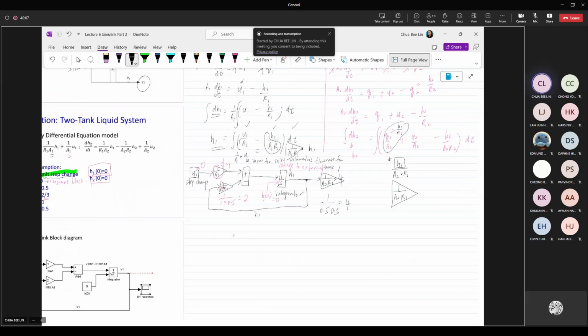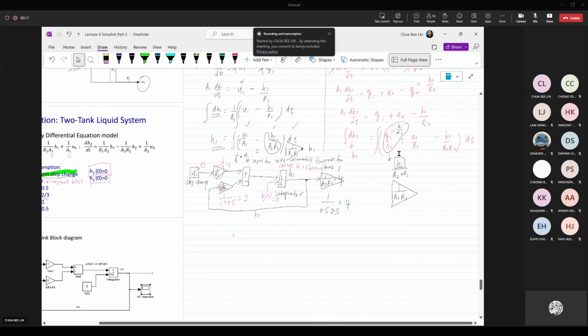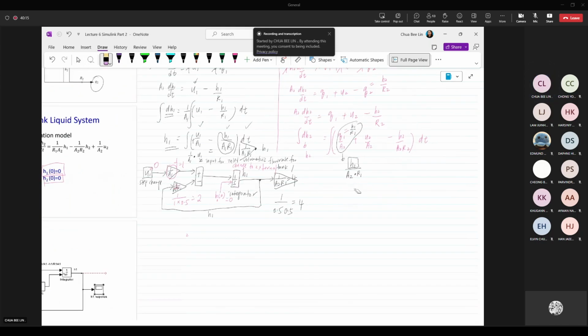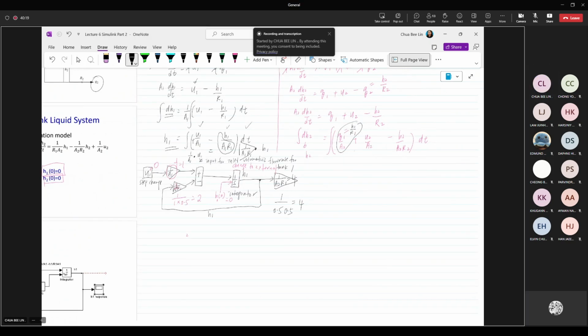Okay, then you will be having something, you start from the back. So I remove this. I will put some solution here so that you can relate. So you'll be having H1 over A2 R1 equivalent to 1 over A2 R1 multiplied with the H1.